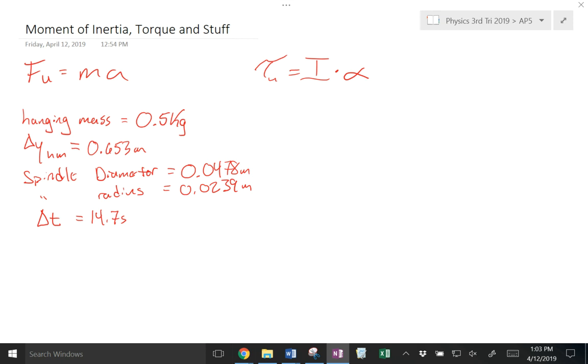So gravity, the tension in the rope, like this, right? This is your gravity, is that what you're talking about? Yes. This is your tension. Gravity, tension is what we're finding.